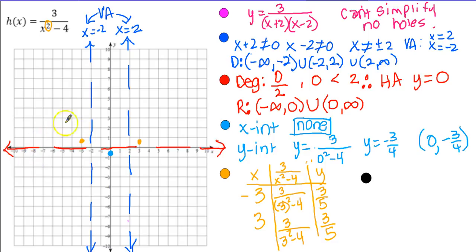So I'm going to graph up here because I have a point here, and I have to approach the asymptotes, right? So I'm going to cruise that way, curve, cruise that way. Do the same thing on this side. Approaching asymptotes. There. Now I just have to do the center point, or the center graph. Because this is a midpoint, right? 0. Midpoint between my zeros here, negative 2 and 2.